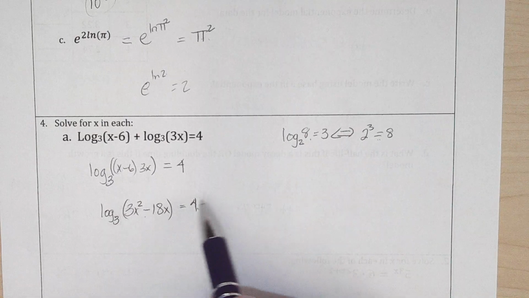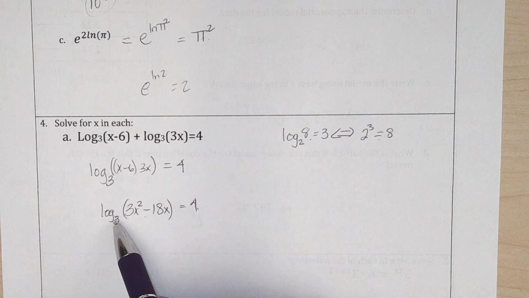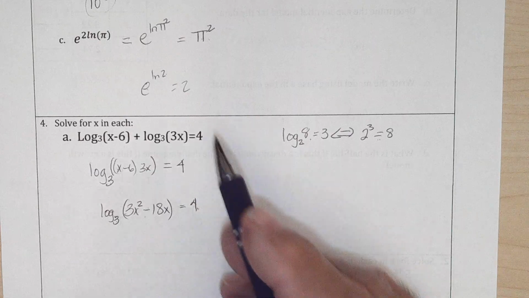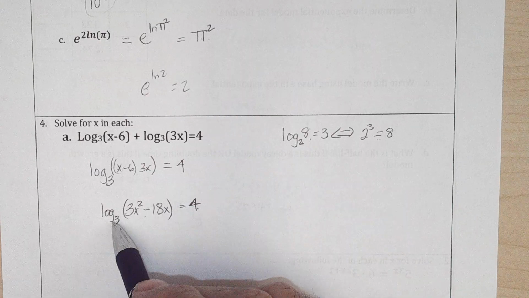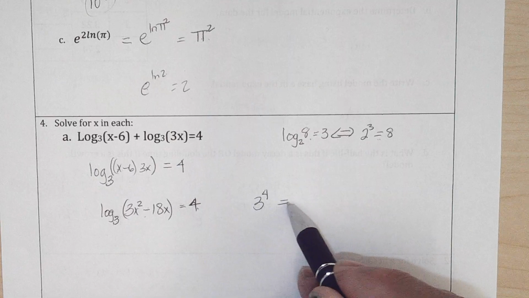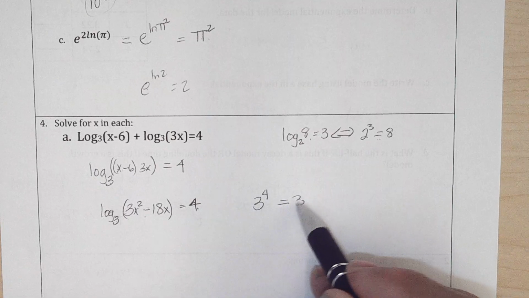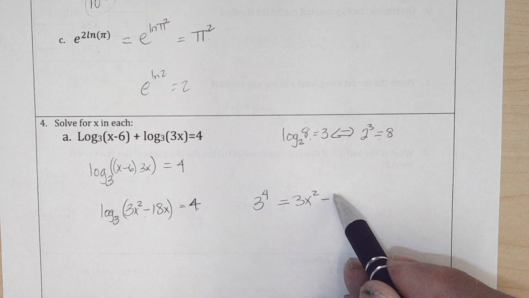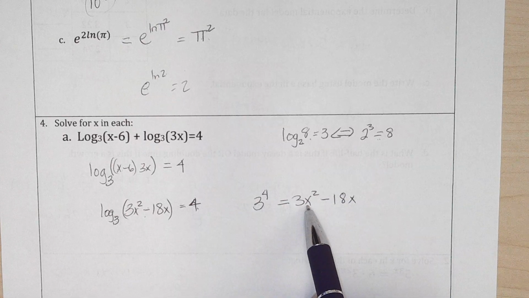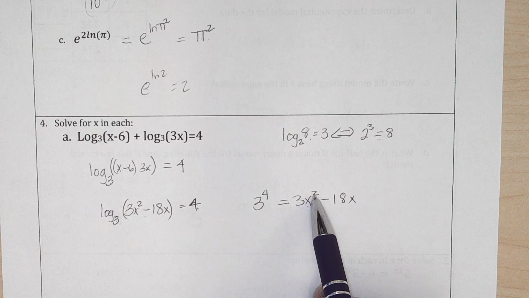This means, to what power do I take 3 to get this? I take it to the fourth power. 3 to the fourth is 3x squared minus 18x.